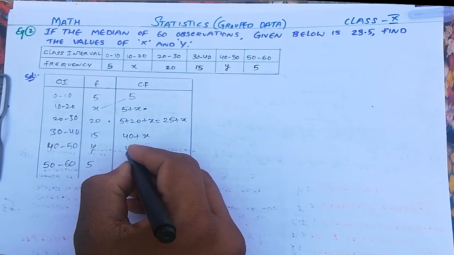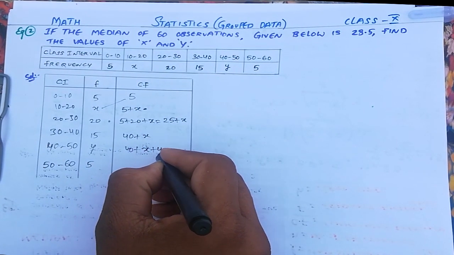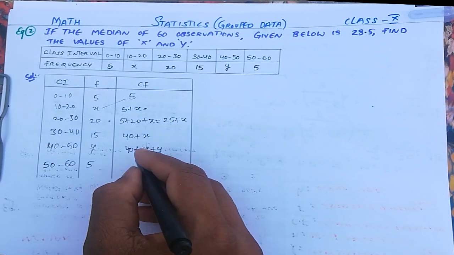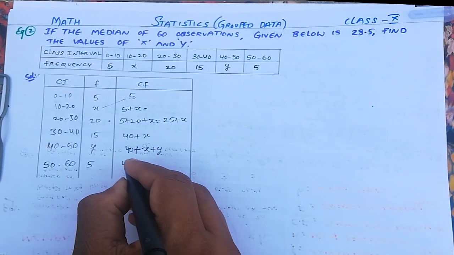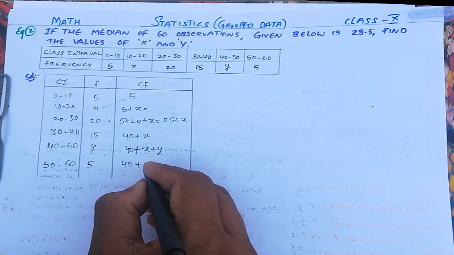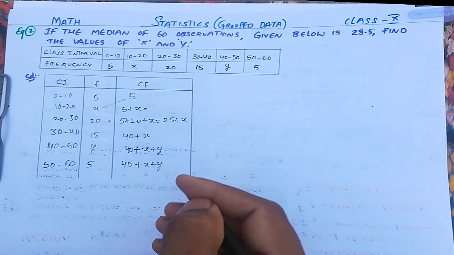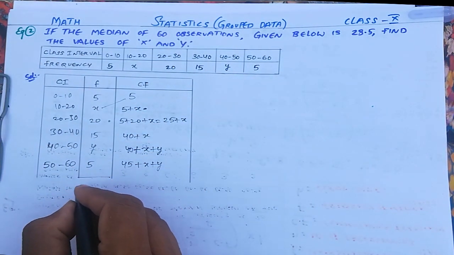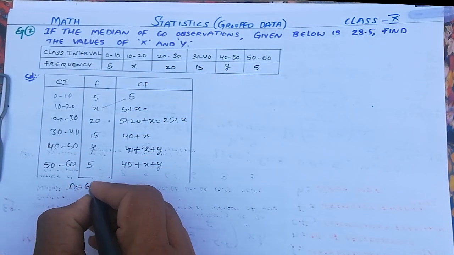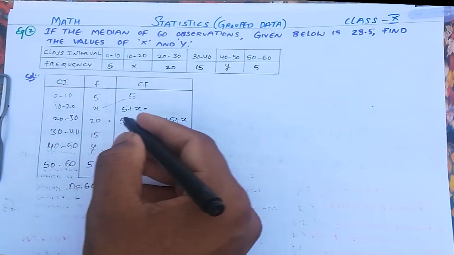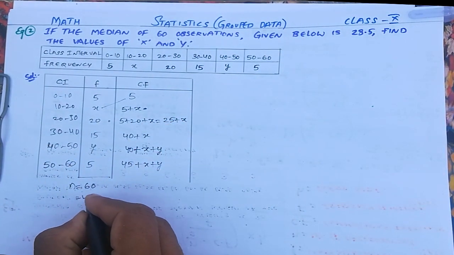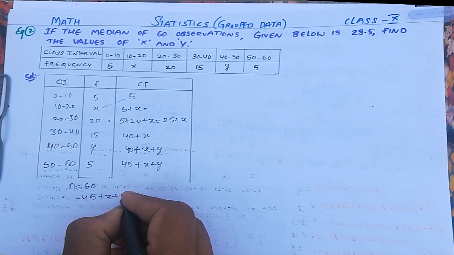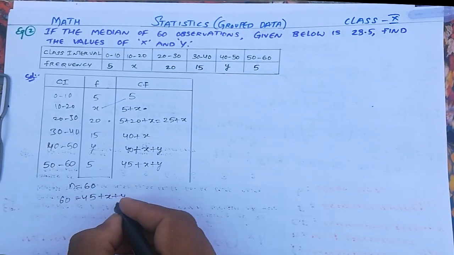Then 40 plus x plus y is there, so 40 plus 5, add the numbers, 45 plus x plus y. These are the cumulative frequency values, and n equal to 60 is given in the question. So we get 60 equal to 45 plus x plus y.